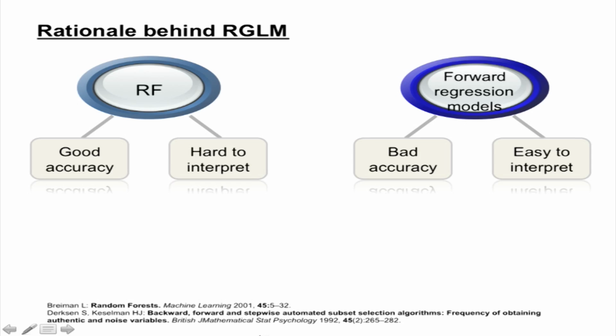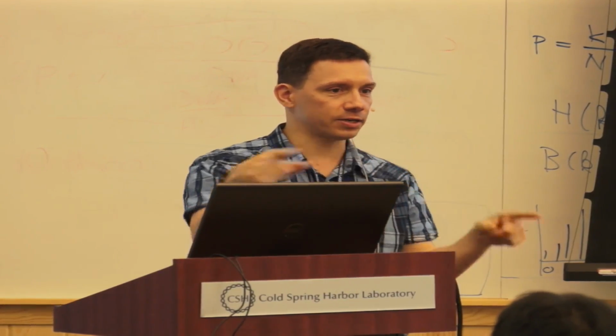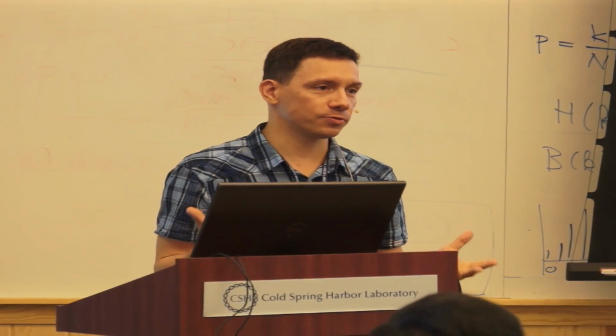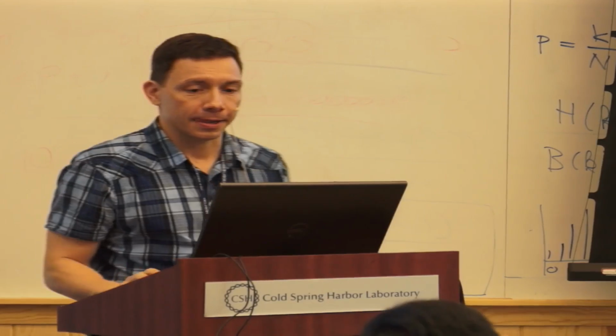It's a highly accurate predictor. But what is the drawback of this predictor? It's hard to interpret. Why? Because you have 500 different tree predictors. Each tree predictor has a lot of partitions. Nasty, you know. That's why they call it a black box predictor. It's highly accurate, but you just don't know why.